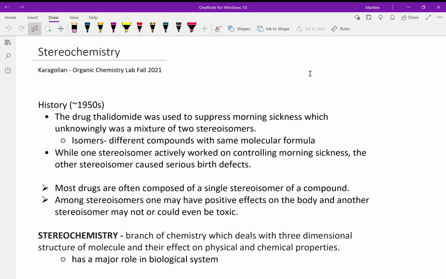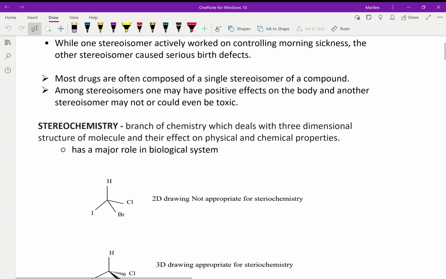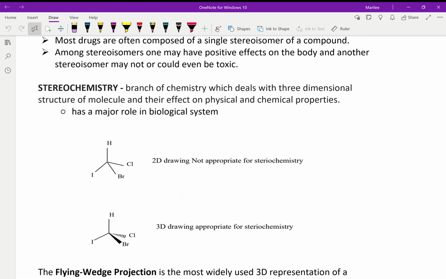So what we had to do was start viewing these isomers in 3D images to see which stereoisomer was actually present. So when I mention stereochemistry, that is the 3D structure of the molecules, and we get to study this and see what kind of effect it will have.